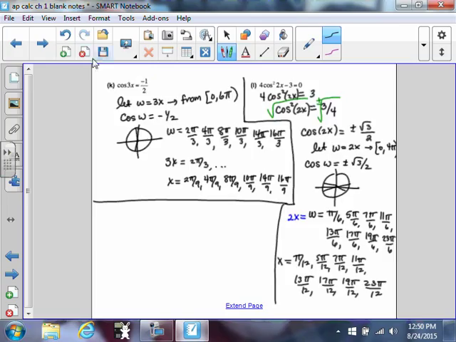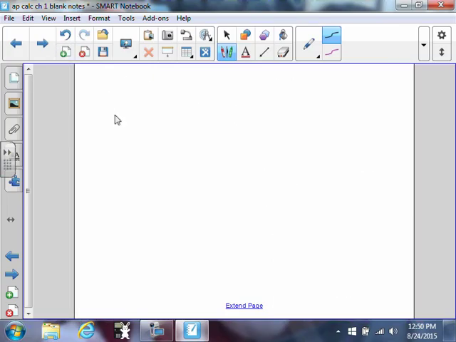All right. Just add a page here. All right, so there were 3 tricky problems. So G was a little bit tricky. So that was 3 tangent squared x minus 1 equals 0. And then I think I and J were a little bit tricky. So 4 cosine cubed x plus 2 cosine squared x minus 2 cosine of x minus 1 equals 0.